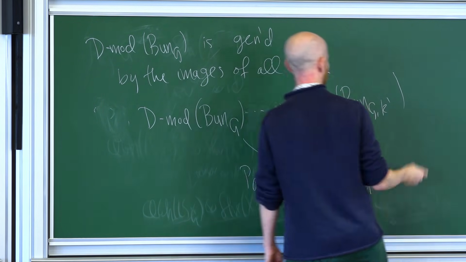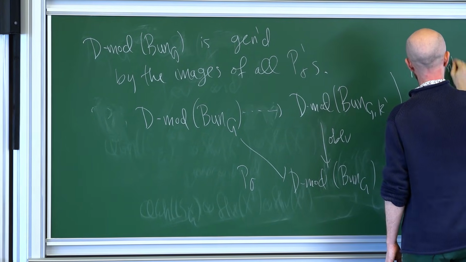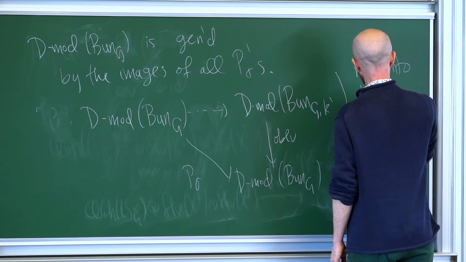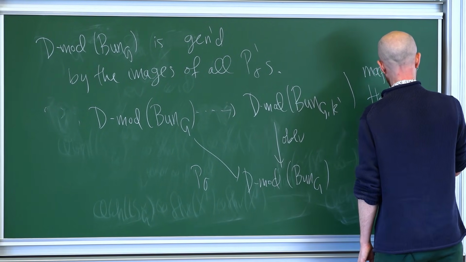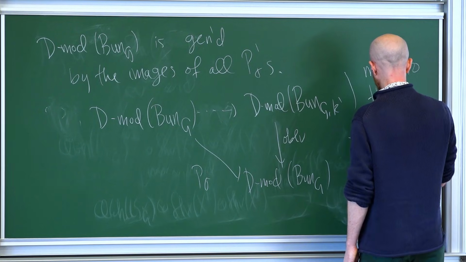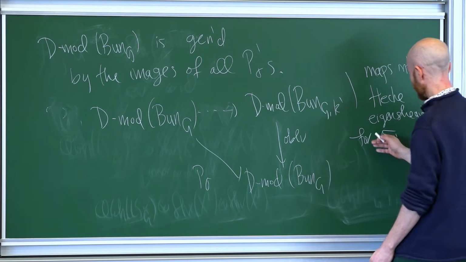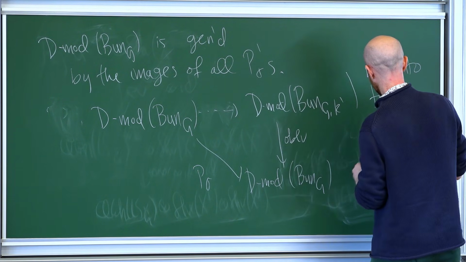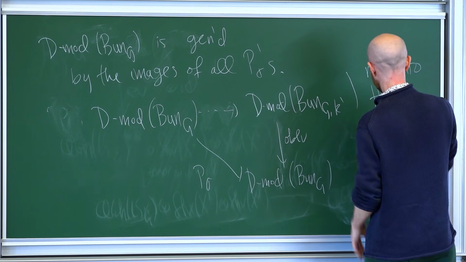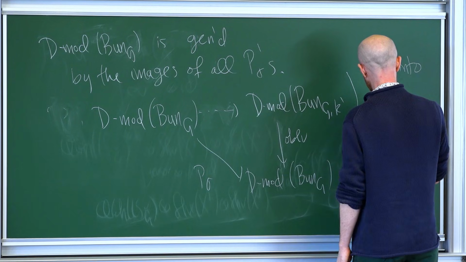This is the lift. And moreover, by design, it maps into Hecke eigensheaves for sigma. I didn't exactly say what Hecke eigensheaves are, but let me still say it this way.